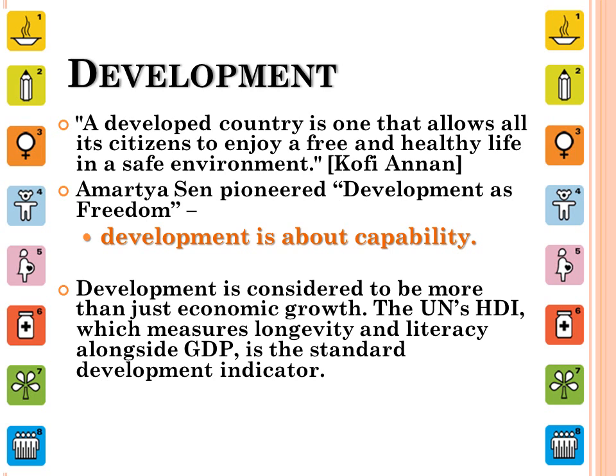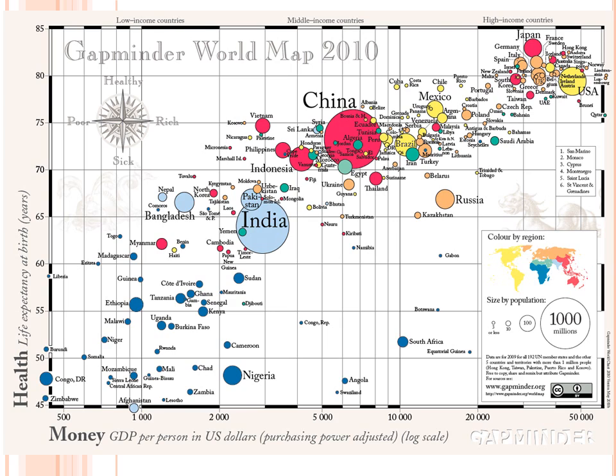Development economics wants us to focus as economists on the needs of the poorer countries of the world, understanding that yes, they need to get richer, but also there are other things that need to be focused on for them to enjoy the kind of quality of life that we're used to in the global north.